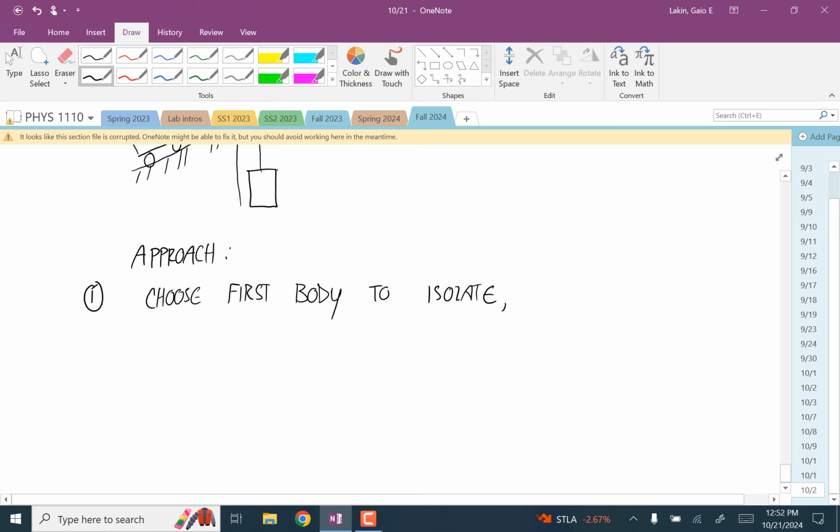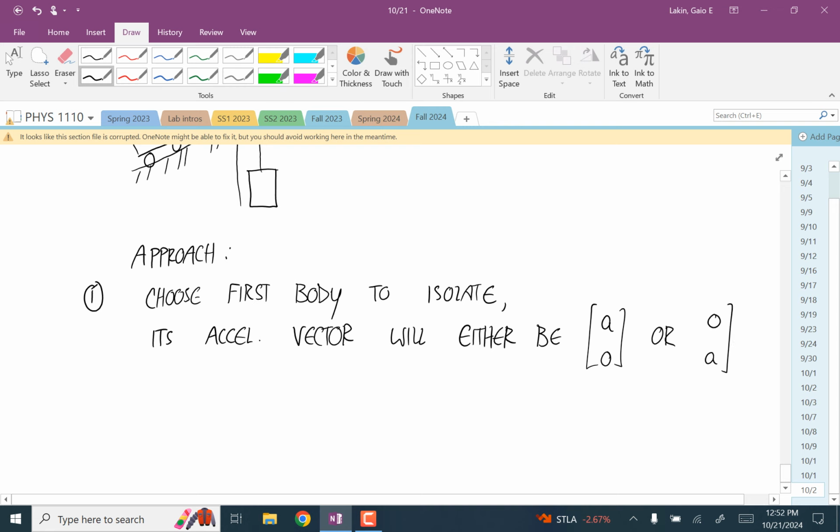And its acceleration vector will either be A0 or 0A, just depending on whether it's free to move along its X or Y direction.